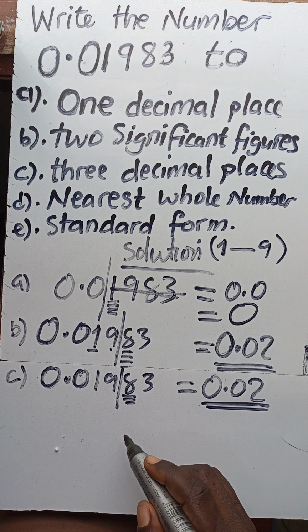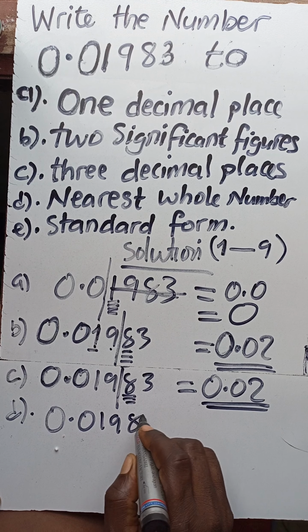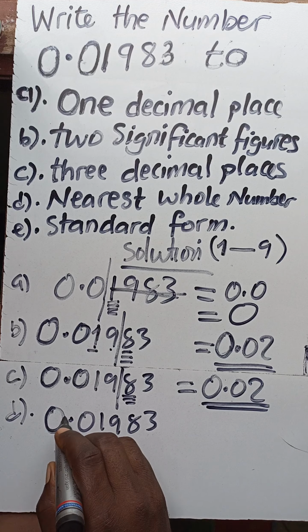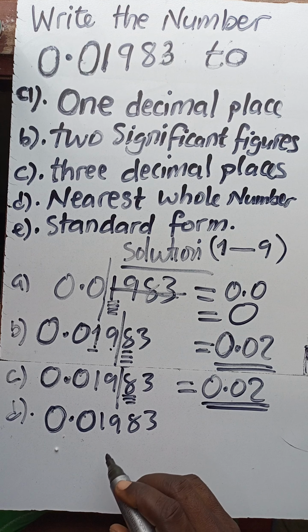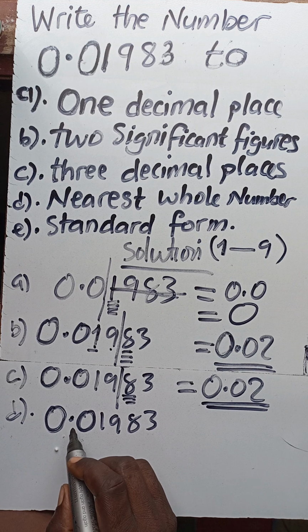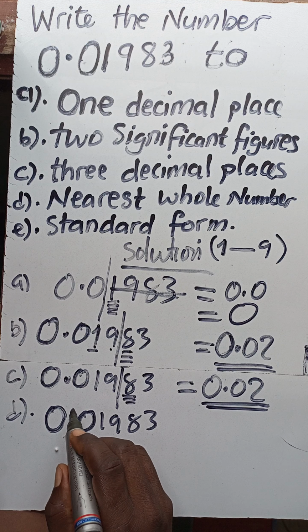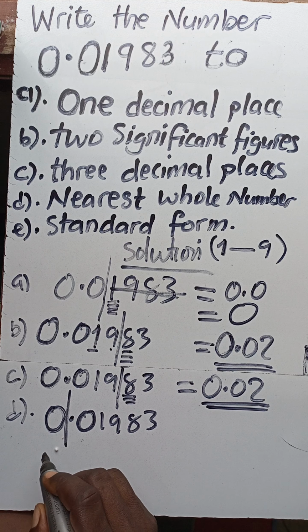What about that number approximated to the nearest whole number? Now, to the nearest whole number, we know that the whole number in a decimal number are all digits before the decimal point. So when we say to the nearest whole number, then we are talking about the digit just before the decimal point.